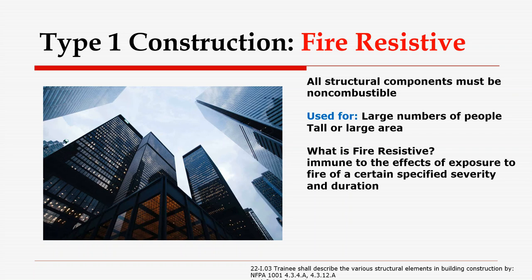The meaning of that is it is immune to the effects of exposure to fire of a certain specified severity and duration. So we're not saying these are 100% fire resistive. What we're saying is it'll give you some fire resistive properties for a period of time. Now, how much time depends on the material, what temperatures are encountered during fire, that type of thing.